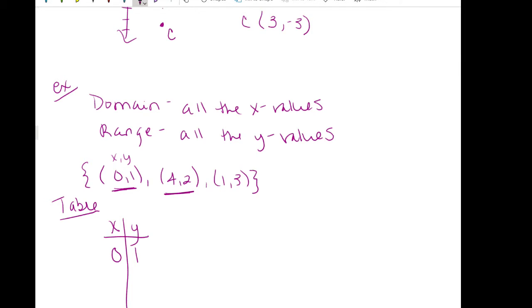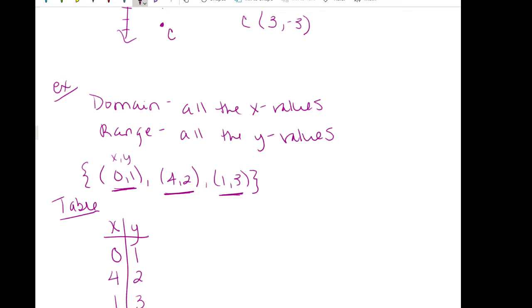For my next example, 4 is in the x column and 2 is in the y column. And in my third point, 1 is in the x column and 3 is in the y column. So this is what they're looking for when they ask you to put the relation in a table.